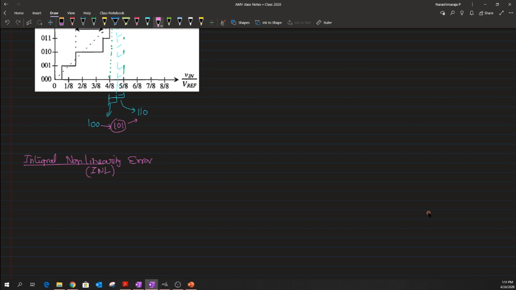Theoretically there are a few things, but from the exam point of view, we don't want to consider all those phenomena. There is something known as the straight line method and the end point method, and we will not touch upon those, because during your final exam we will not be asking about the methods to compute the INL.